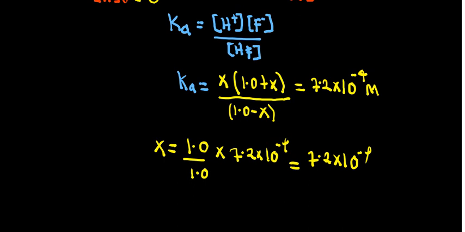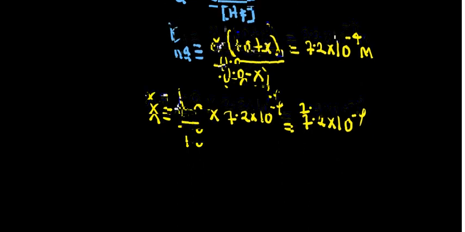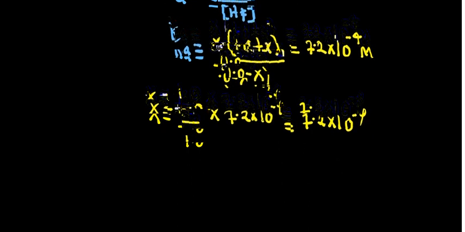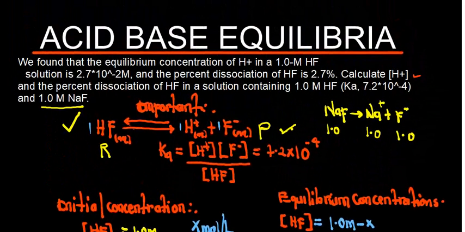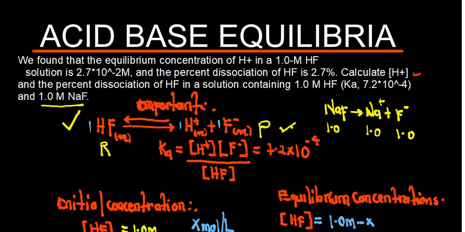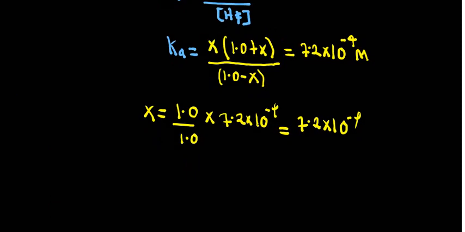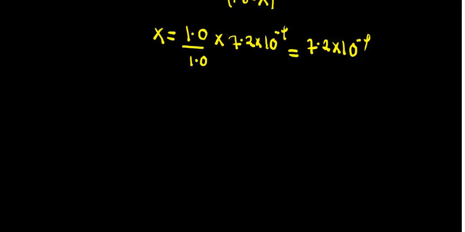All right. So now you have the value of x as such, and the question was asking you to find the percentage composition. When you get back to the question, it was asking you to find out what is the percent dissociation of HF in a solution containing 1.0 molar HF. So now we know that the equation which has been given here is HF giving us the hydrogen ions plus the fluoride ions.